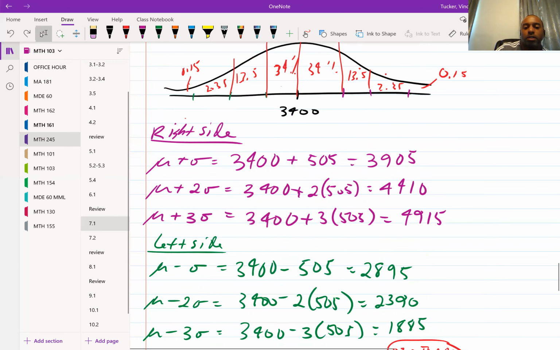All right, next one. Using the previous problem, find the probability that a randomly selected 3-year-old girl is taller than 37 inches.